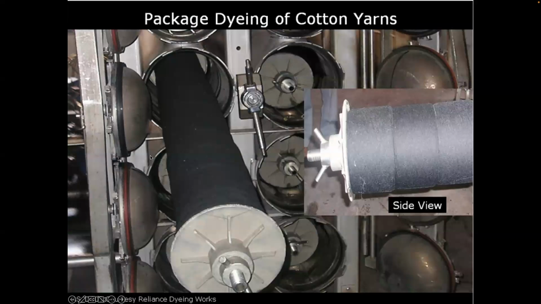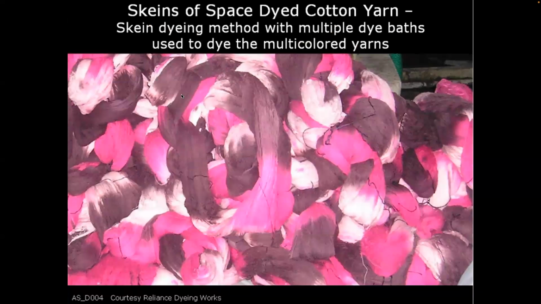This is called package dyeing, where you have the yarns on these beams, and the beams go into these containers, which will have the dye solution, and you close them, and of course it's heated generally because you need heat to pick up the color, and you dye them that way. These are skeins.